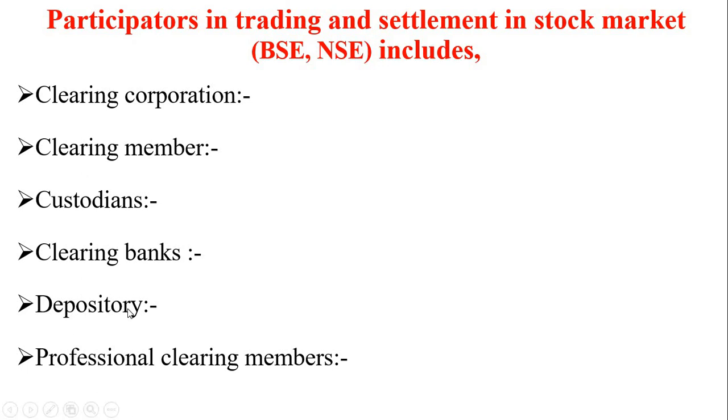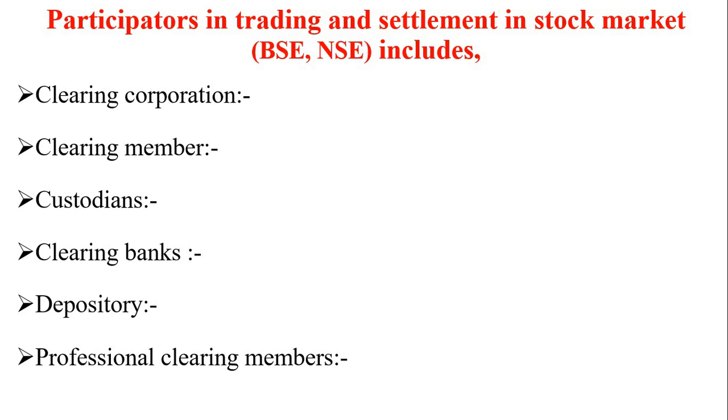After that, the depository. Of course, a depository is an institution or kind of organization which holds the investor's securities in electronic mode. I mean, the depository system avoids paperwork. It is paperless work. That's why the depository was started. As I already told you, a depository holds the securities in dematerialized form for the investors in their beneficiary account.